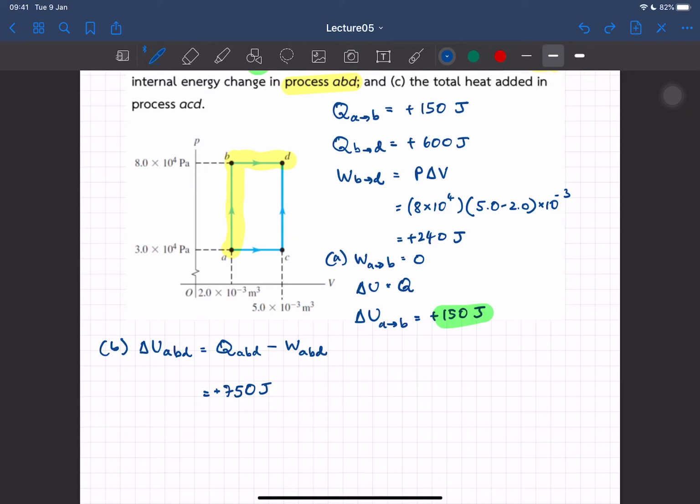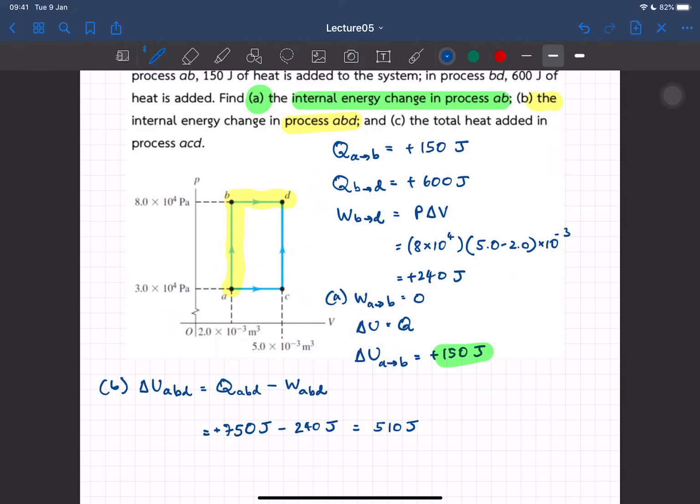And then minus the work done from A to B and then to D, right? But A to B is 0, so we only need this number. So that's going to be minus 250 joules. So altogether, it's going to be 510 joules. So that's going to be the change in the internal energy, A to D.